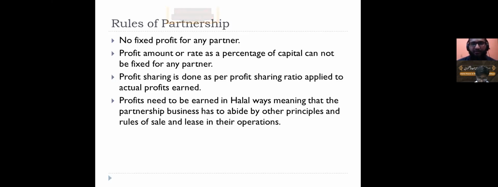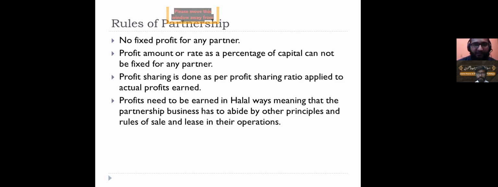So we cannot have someone investing, let's say, 100,000 rupees and being given the guarantee that you would get 10,000 rupees of profit on your investment every year, or you would get 10% profit on your capital investment. We cannot provide such guarantees in Islamic equity-based financing or Islamic partnership.